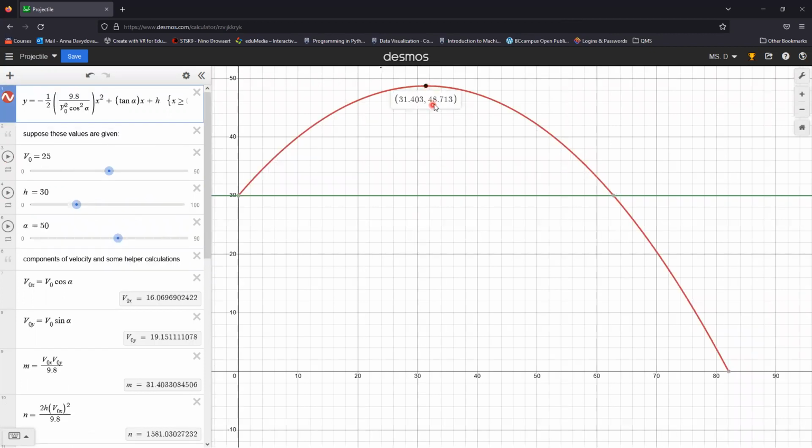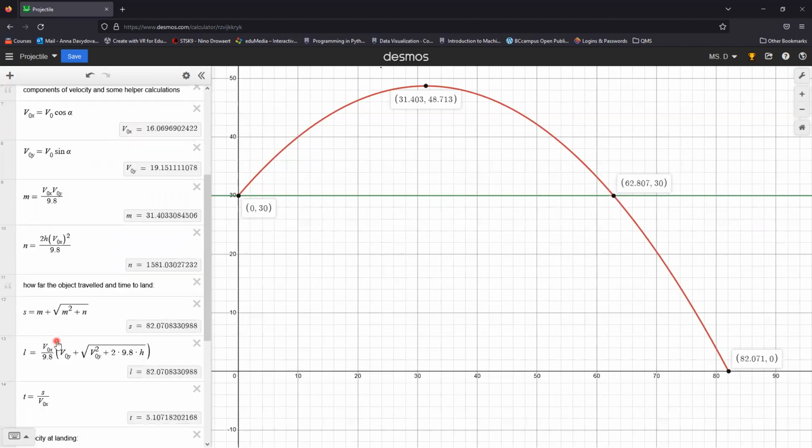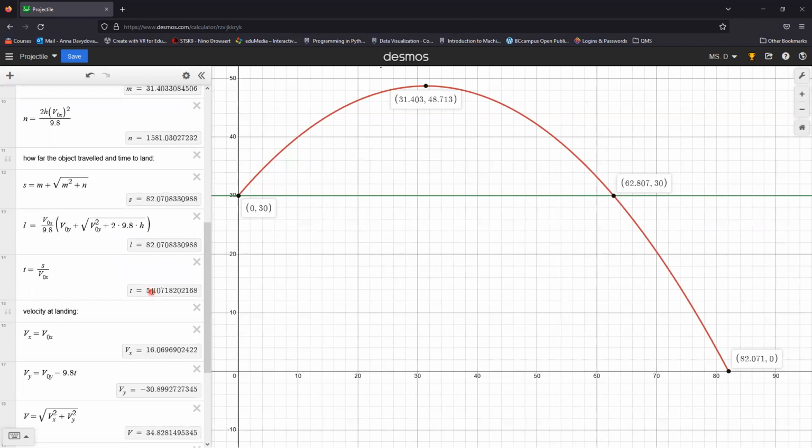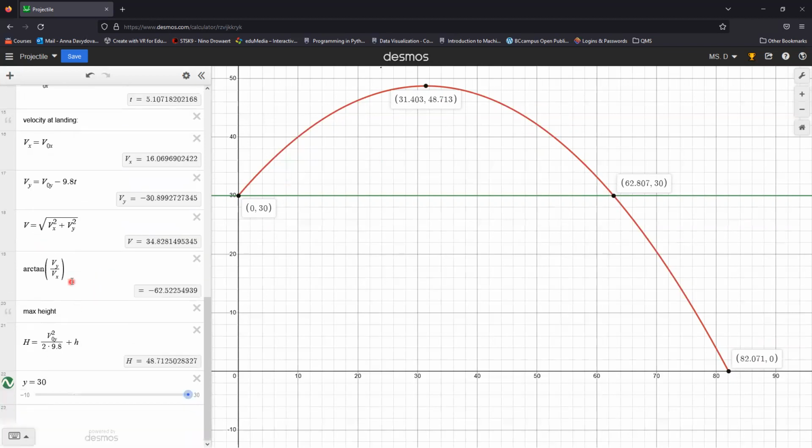Here's our 48.7, the maximum height, which we found earlier. Here's our range, 82. We also found that earlier. 30 is where the object had started. It doesn't tell us what time will be here, but somewhere down the road, I think I have time. 5.1 is the time of the full flight, and we also had velocity at the end, 34.